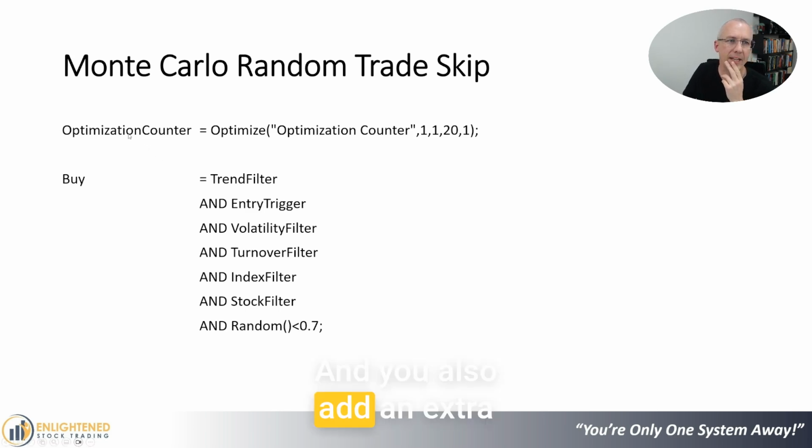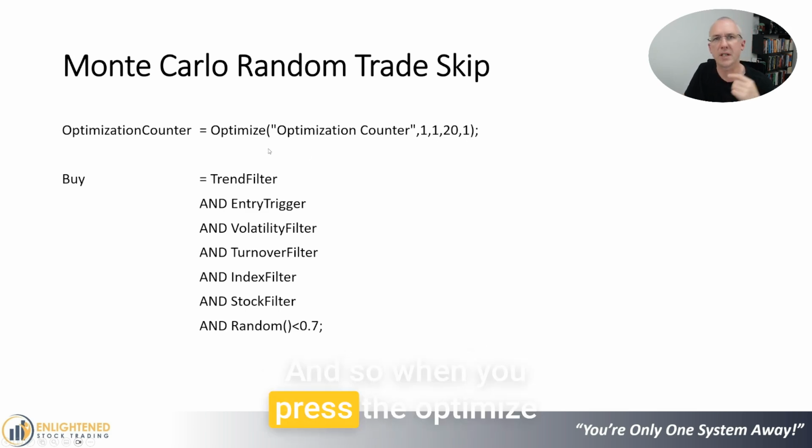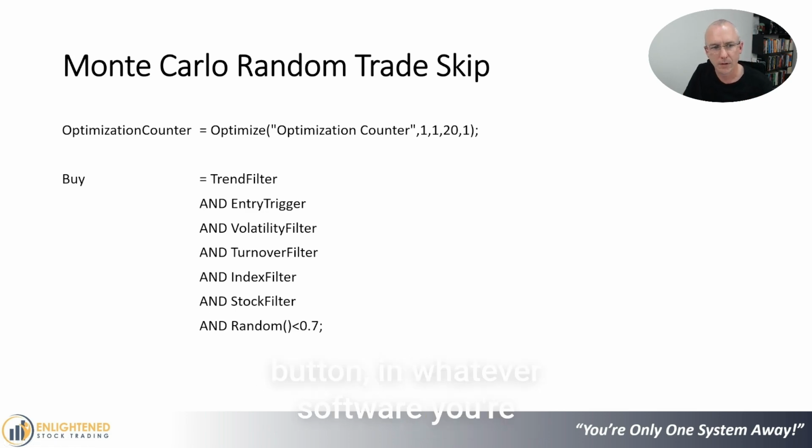And you also add an extra optimization parameter to the system. So this is just an optimization counter. And this just counts from 1 to 20 in steps of 1. And so when you press the optimize button in whatever software you're using, this is going to create 20 iterations of each parameter set.